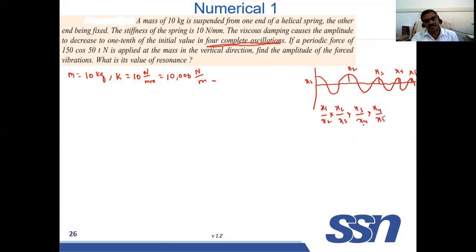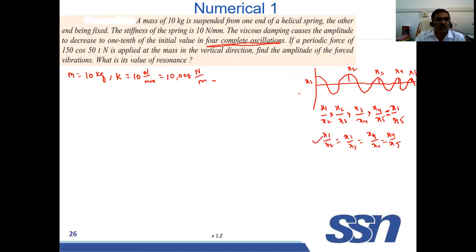There are 4 oscillations, so the product is x1 by x5, if you cancel x2, x3, x4. Another thing is x1 by x2 is equal to x3 by x4, equal to x4 by x5. Always the ratio between two consecutive amplitudes is the same. This is also one condition we have.